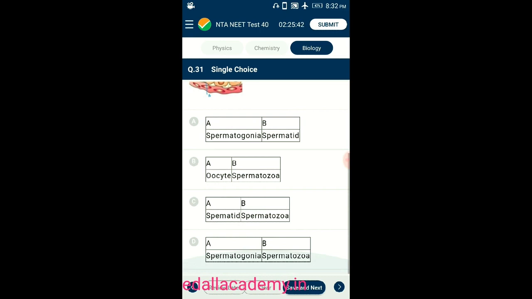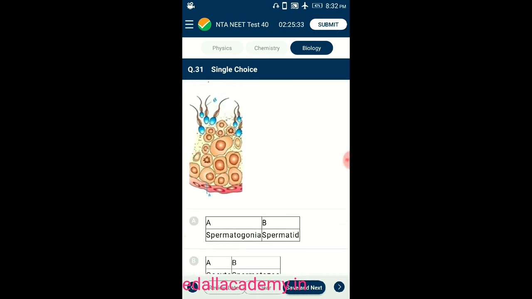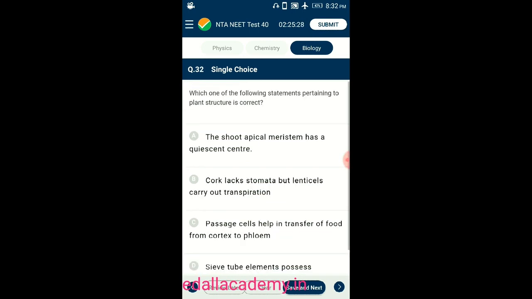So the answer for this question is option D. A is labeled spermatogonia, B is labeled spermatozoa. So the correct option is D. Question number 32. Which one of the following statements pertaining to the plant structure is correct? Sieve tube elements possess a cytoplasm but lack a nucleus at maturity.